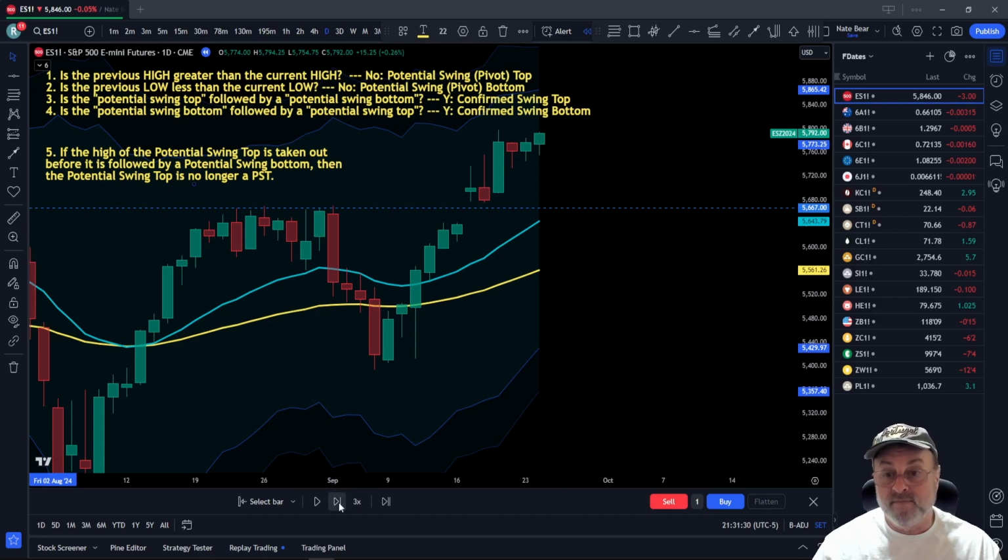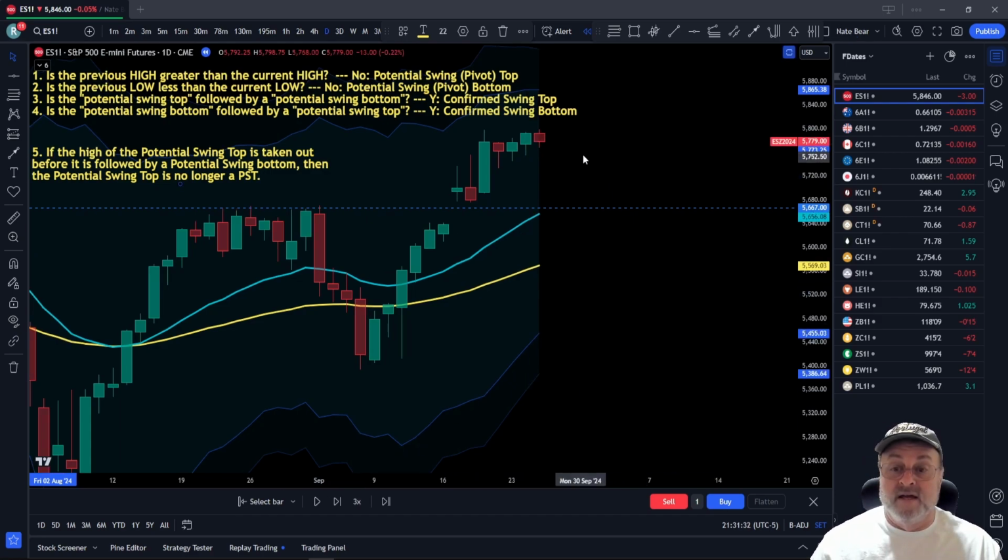Okay, and as you can see, the high of this bar is higher than this one, so this one is no longer a potential swing top. It is now out of consideration. We don't care. This price bar is now the new potential swing top.